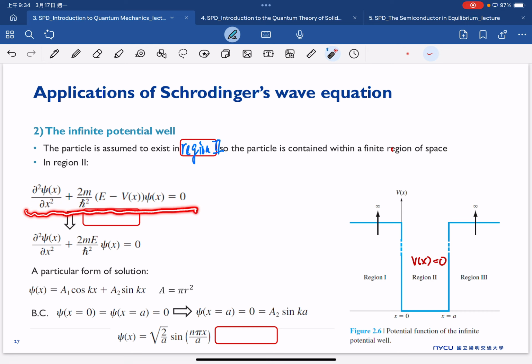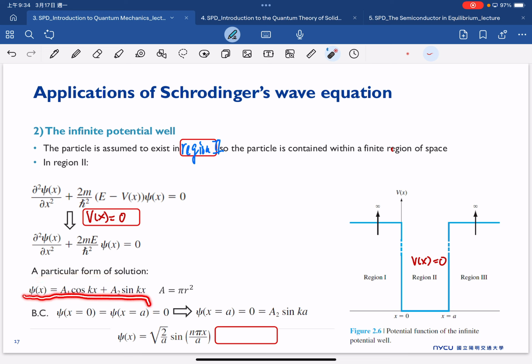Now we consider region 2, where our potential barrier is equal to 0, so that means V(x) is equal to 0. Again, we can simplify this equation to become this, and one particular form of the solution can be expressed by this one.